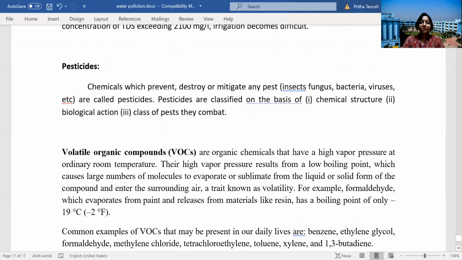Volatile organic compounds are organic chemicals that have a high vapor pressure at ordinary room temperature.